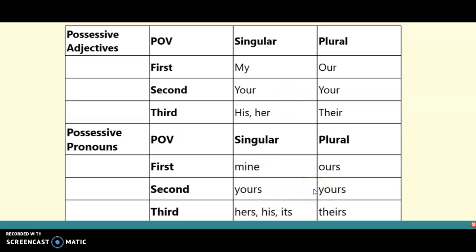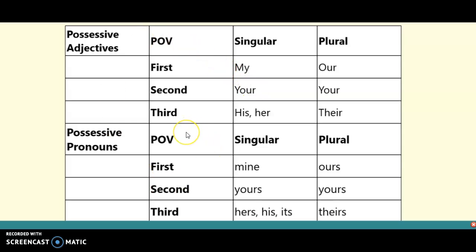So it's really just dependent upon how the word or the sentence is phrased and where you place the word in the sentence to decide if it's going to be an adjective or a pronoun. That is her cake or the cake is hers. Okay, this is their bike or the bikes are theirs. Okay, so again, it's all going to be dependent upon how it's used in the sentence and how it's phrased.